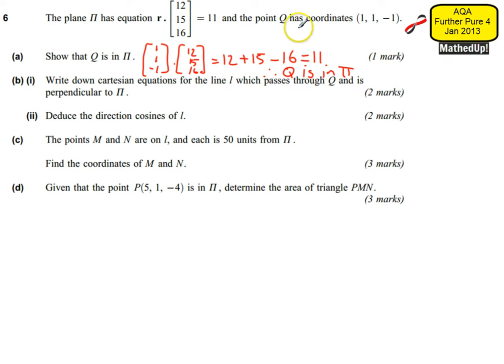So I know the direction, and I know that it passes through the point (1, 1, -1), so I could write r is equal to (1, 1, -1) plus lambda times (12, 15, 16).